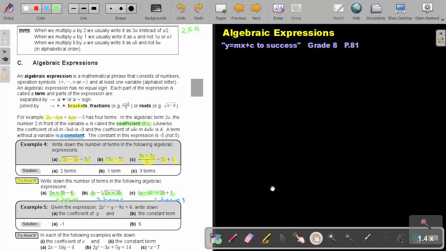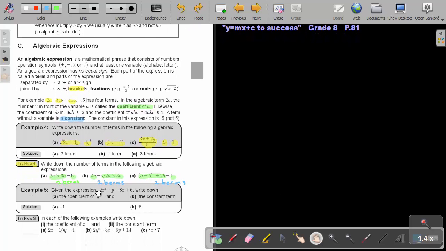Okay, let's look at the final one. Given the expression, look, how many terms? 1, 2, 3, 4. Write down the coefficient of y and the constant term. So the coefficient of y: there is y, but what number is standing there? Remember to grab the whole thing in front.